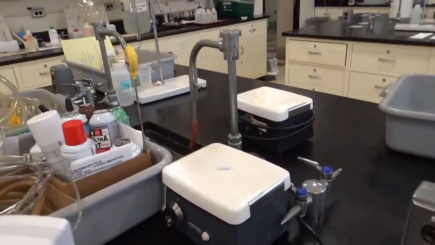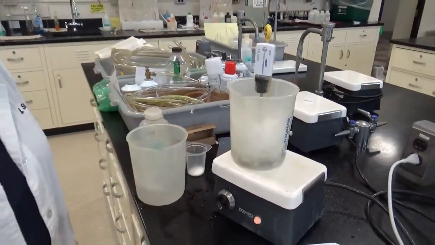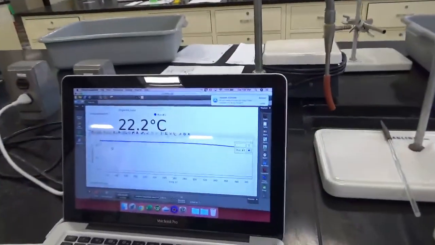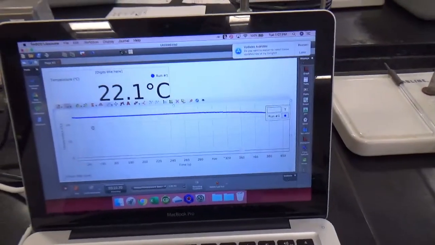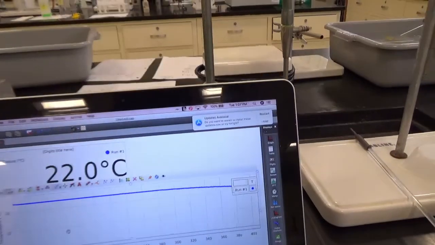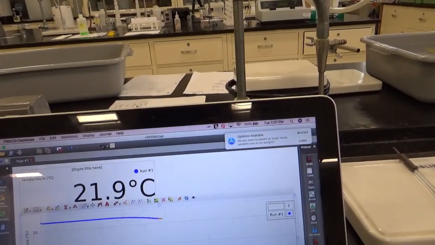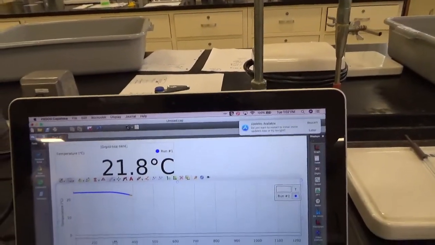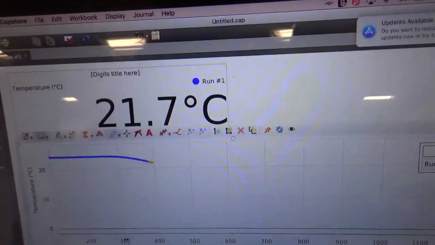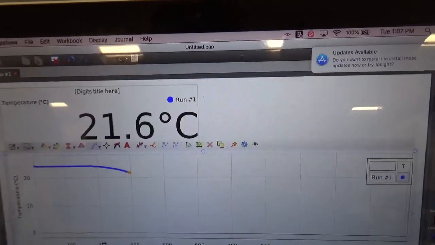So what happens is this mixture of ice and salt and water will all come to an equilibrium temperature. So let's see what happens. You can clearly see that the temperature is starting to drop.